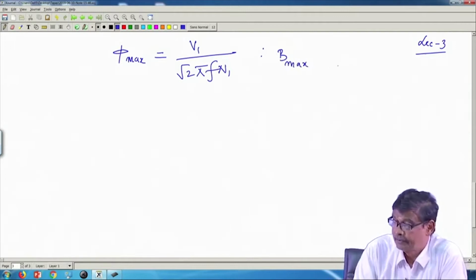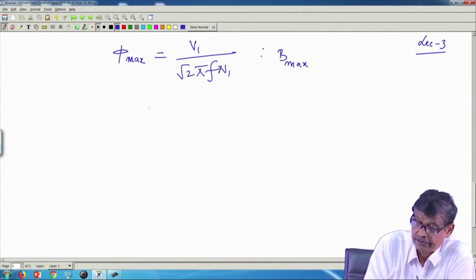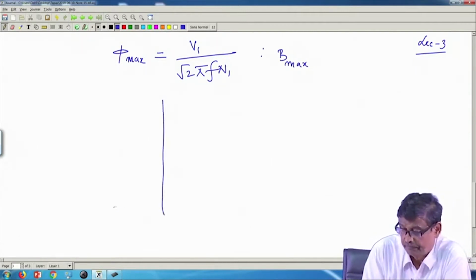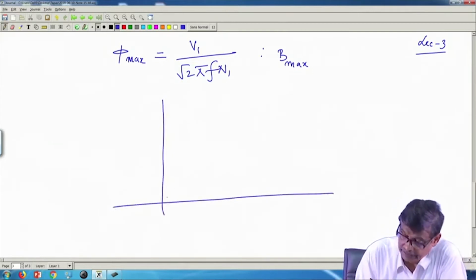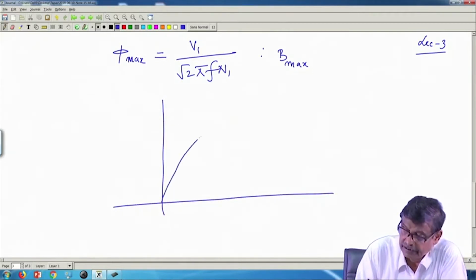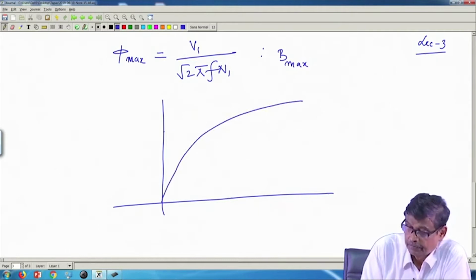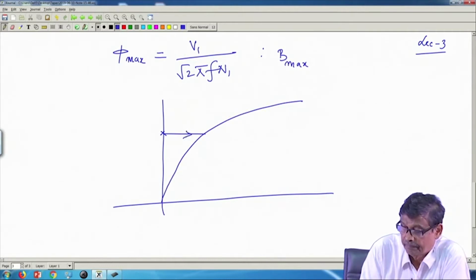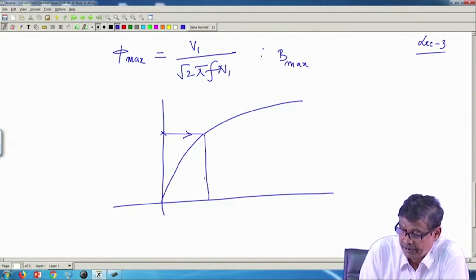and from B max I will say where your BH curve is, what the core material is. Suppose the BH curve is like this, then corresponding to B max you read H max.